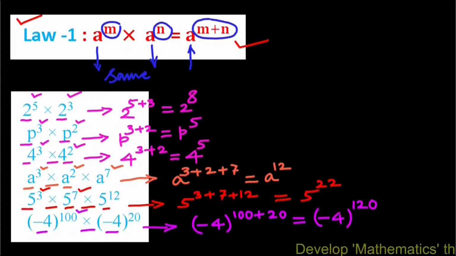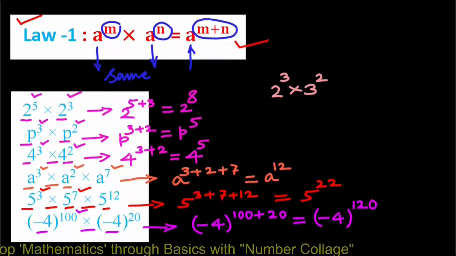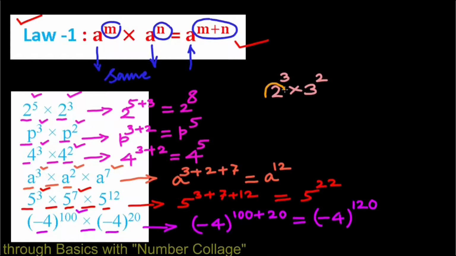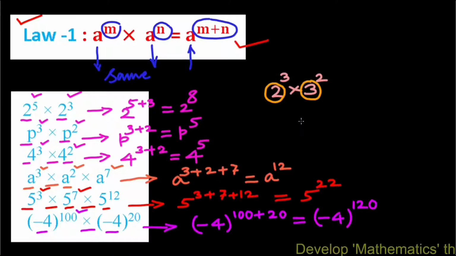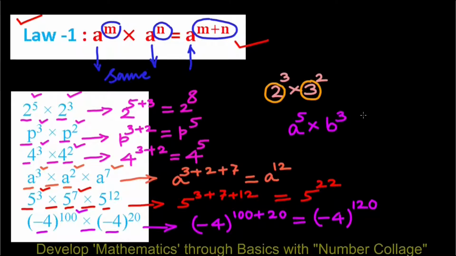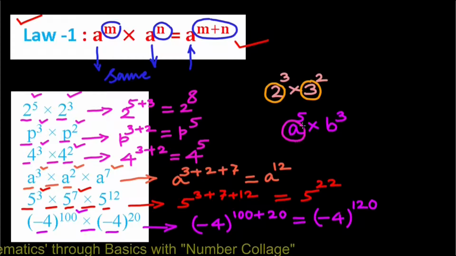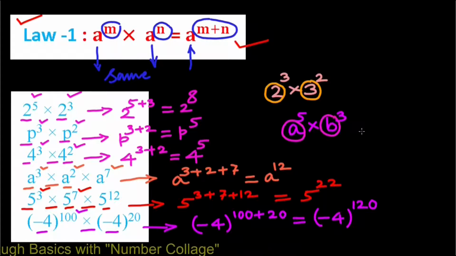For example, we cannot apply this law for 2 cubed multiplied by 3 squared because here the bases of the two numbers are not the same, or we cannot apply this law to a raised to 5 multiplied by b cubed because here the bases of the two numbers are not the same.